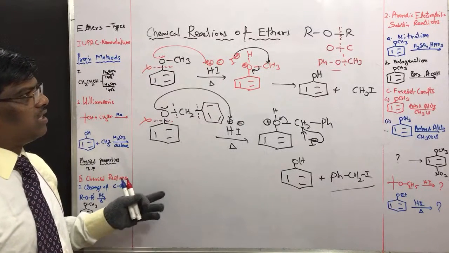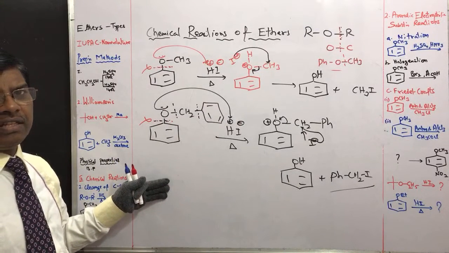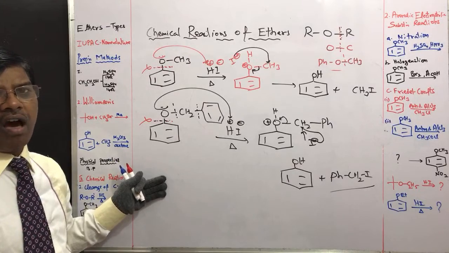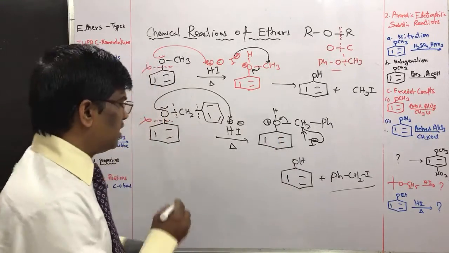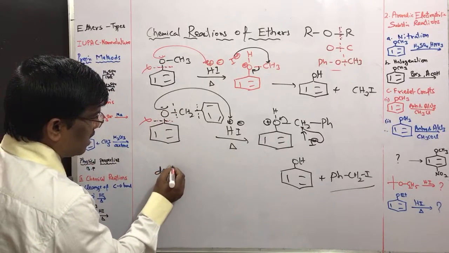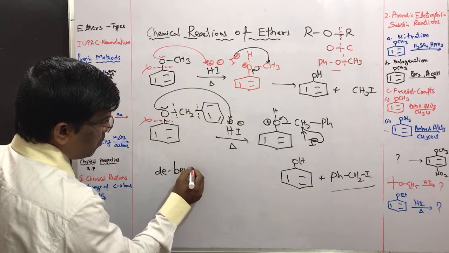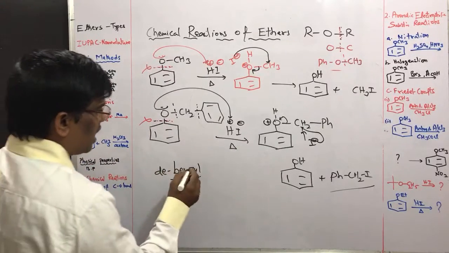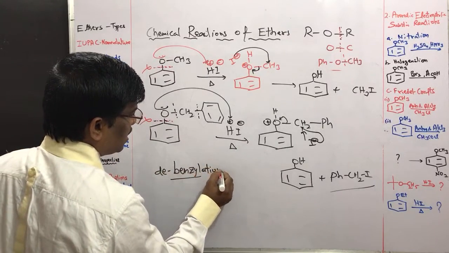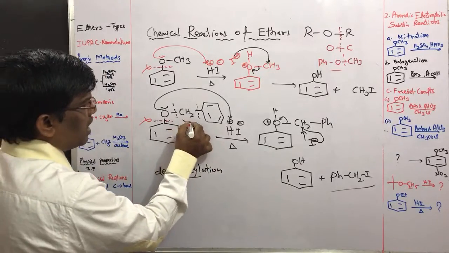Yes, students? So this is how demethylation works. The method is deetherification or demethylation, or this is debenzylation. Spelling is important: benzyl, with a Z-Y, not Z-O-Y. Benzylation, debenzylation. So this is the benzyl group.